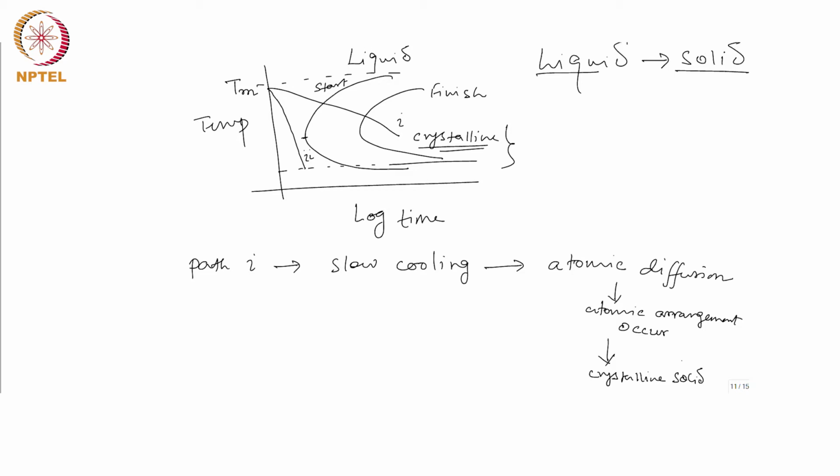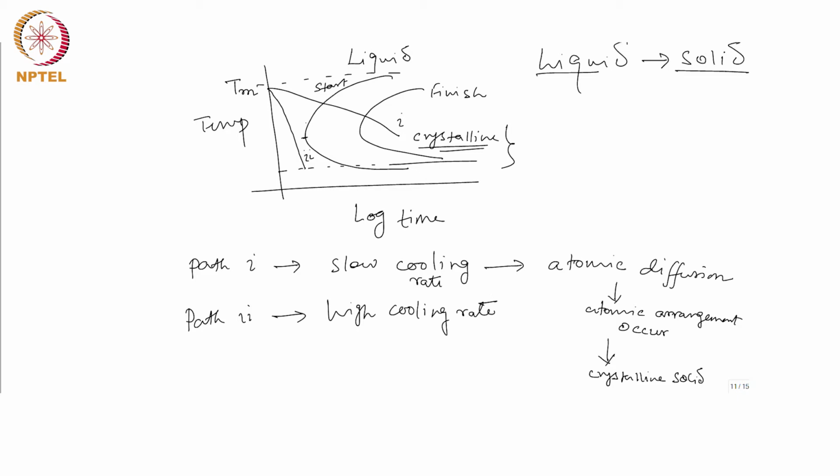Okay. On the other hand, as you can see, path 2 is a high cooling rate path. Okay.